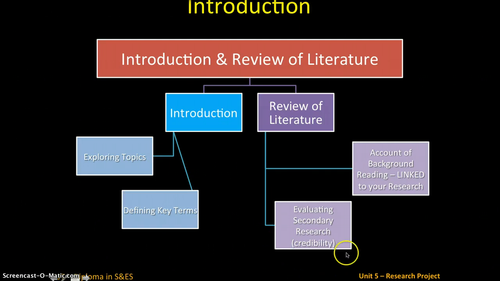And then secondly, you're going to be evaluating the research that you look at, so other people's research, and discussing how credible they are, whether they're valid or reliable, whether they're directly linked to yours or just similar, and trying to draw out as much similarity as possible to make connection between yours and theirs. You'll then refer to these later when you discuss your results. So it's important you've got quite strong secondary research as part of this process.